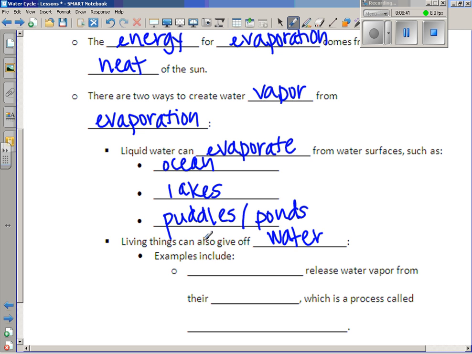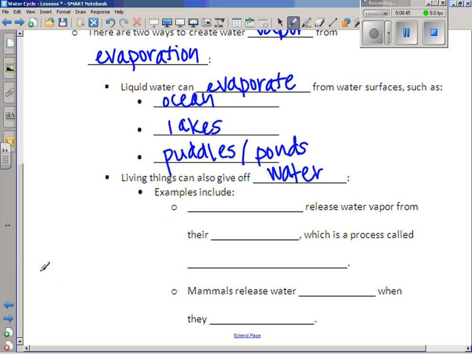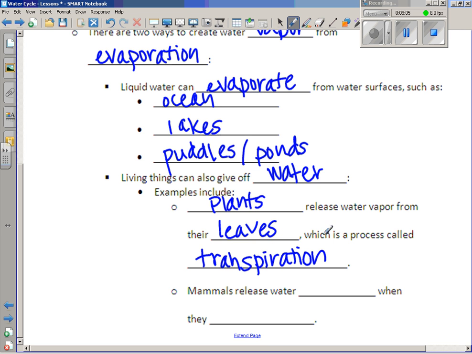Some examples might include plants that release water vapor from their leaves, which is a process called transpiration. This is actually how plants sweat, essentially.